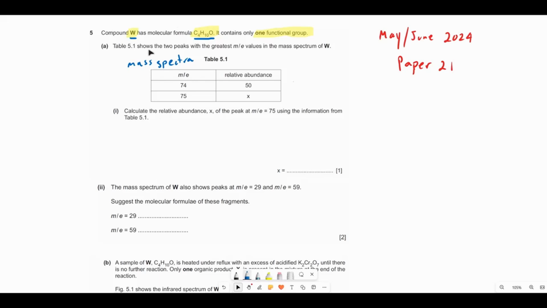If we keep reading, because this is all prior information, the first question says, calculate the relative abundance X, so we need to figure out what X is, of the peak at m/e 75 using the information from table 7.1. So here we need to figure out what the relative abundance of the peak at mass to charge ratio 75 is.